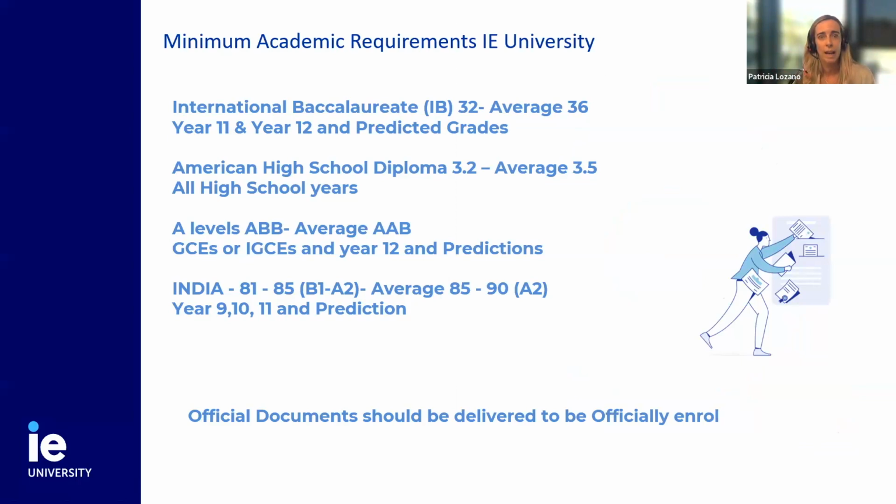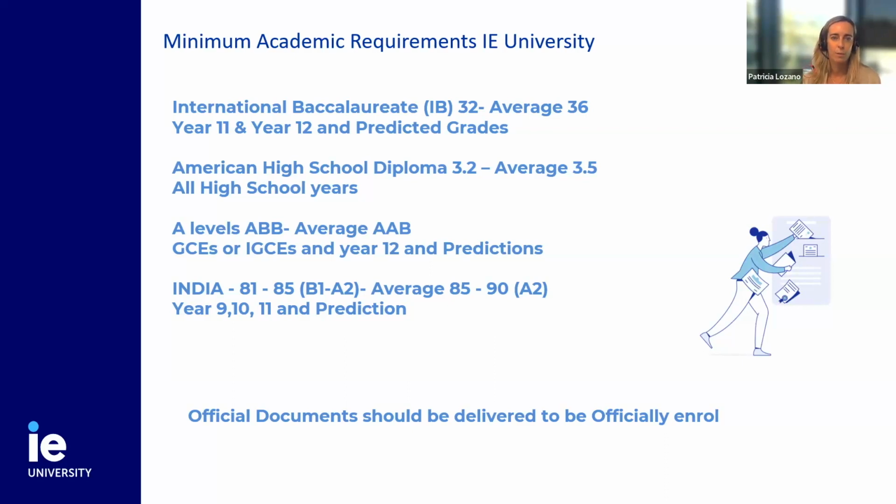So we say, depending on the educational system, we are expecting a minimum of 32 and on the International Baccalaureate with an average of 36. In the American high school system, 3.2 out of 4.